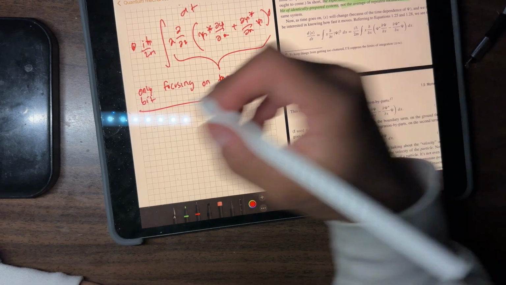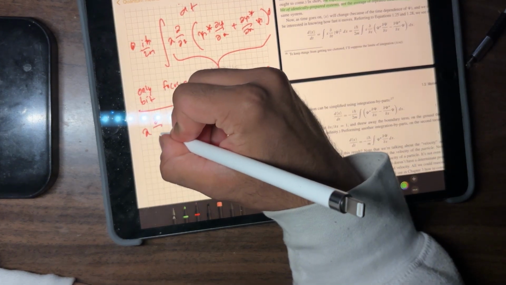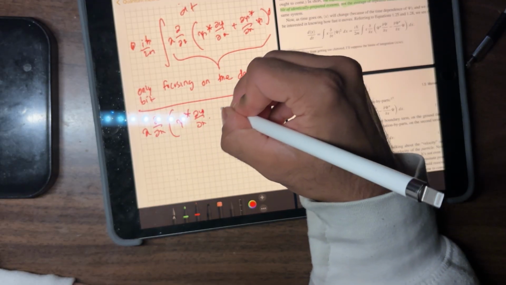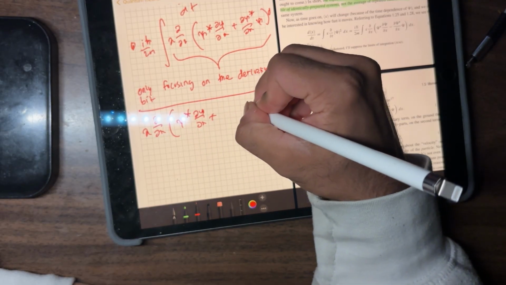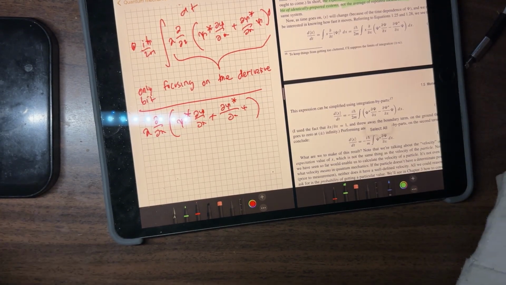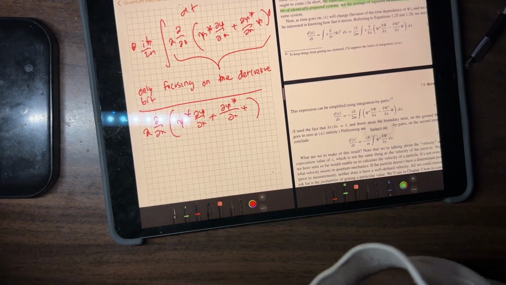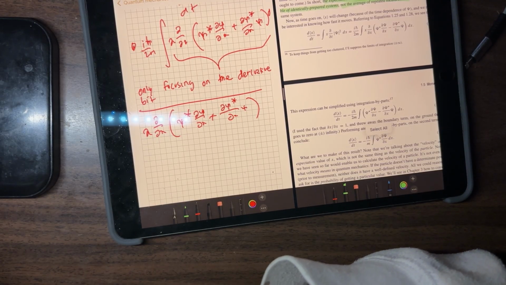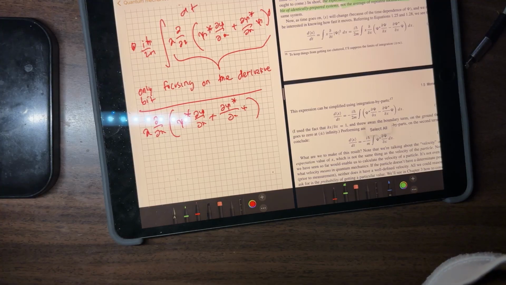So I'm having x ∂/∂x of psi conjugate ∂psi/∂x plus ∂psi conjugate/∂x psi. Then what did you do? So you did the integration of f times g double prime, which is fg prime minus integration of f prime g prime.